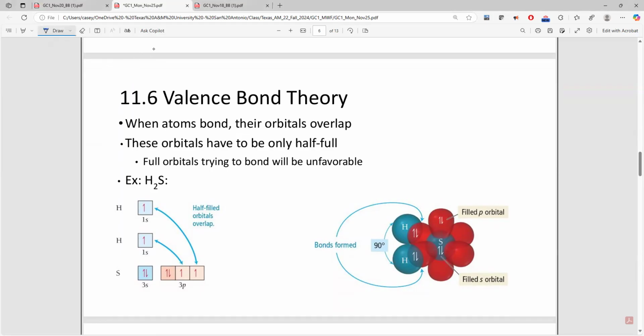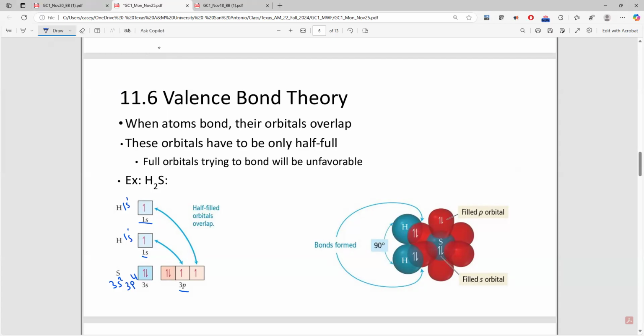And basically, one way we can think about it is that we have half-filled orbitals, and these orbitals overlap with each other, right? So in H2S, hydrogen is 1s1, and sulfur is 3s2, 3p4.